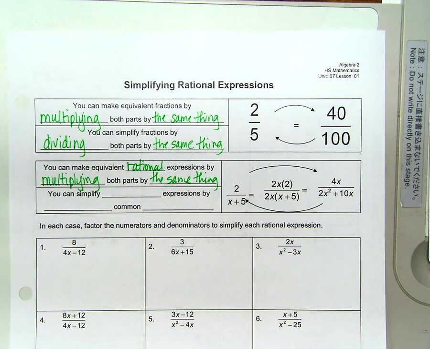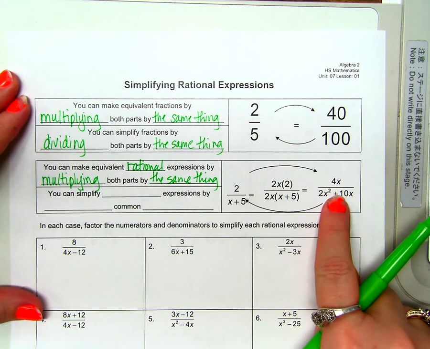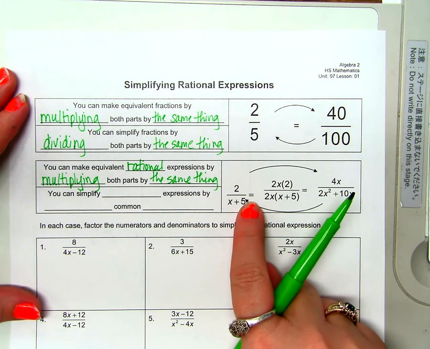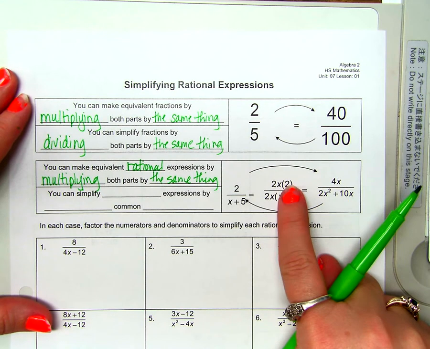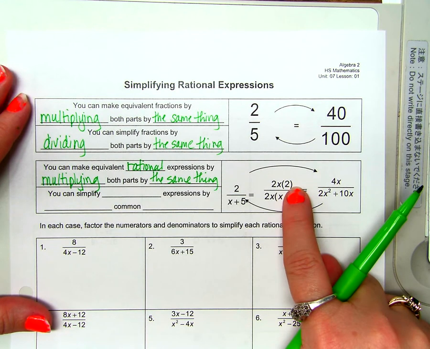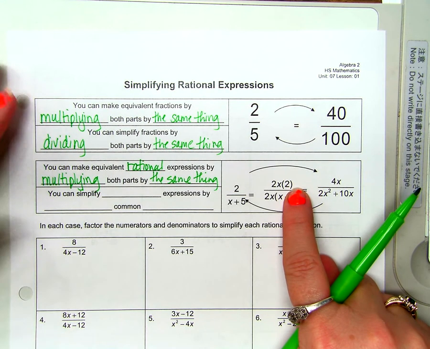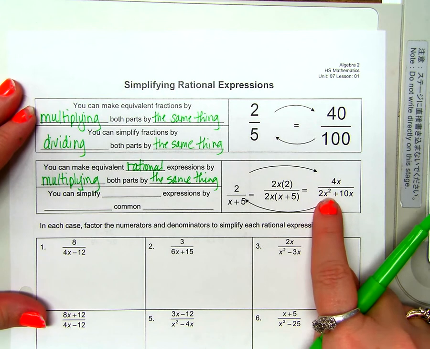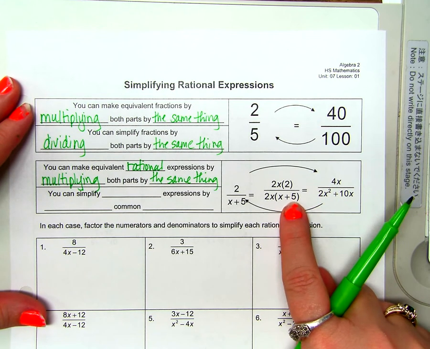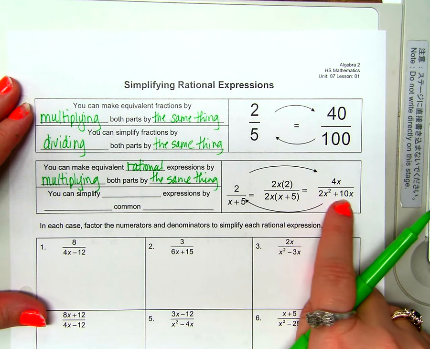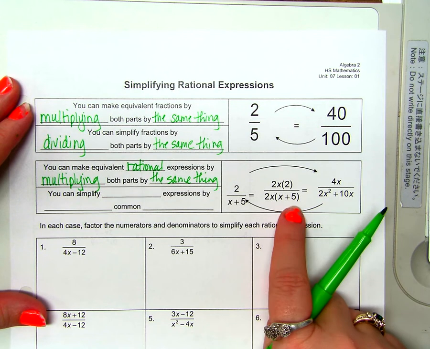This one's a little bit different. Do you notice that? We're going from here to here. What did we do from this step to this step? I noticed each term was divisible by 2x, so I divided it out, right?